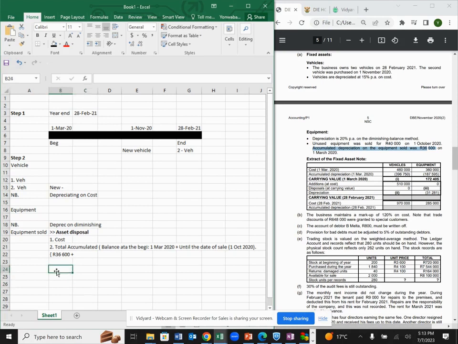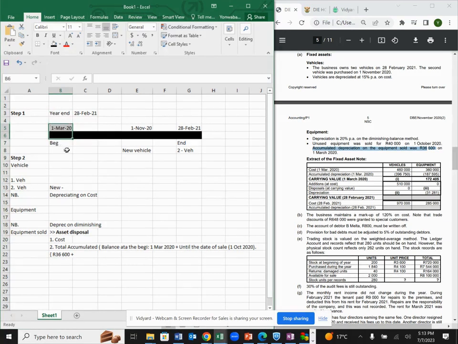The asset starts to depreciate once it is brought into use, from the date it was purchased. So you buy an asset maybe in 2015. You calculate depreciation from 2015 every year until it gets depreciated to 1 rand. Now what you need to remember is that in this one, this asset is going to be sold. They didn't tell us when this asset was purchased, but what made it easy for us is that they gave us the depreciation up to this period.